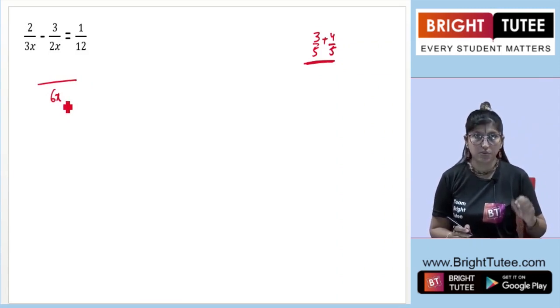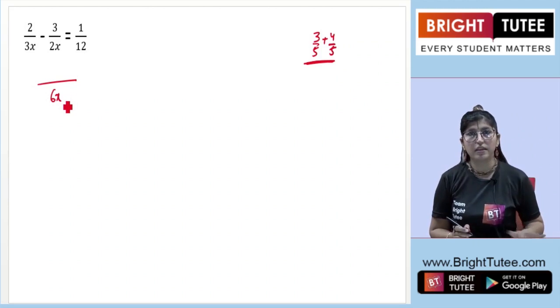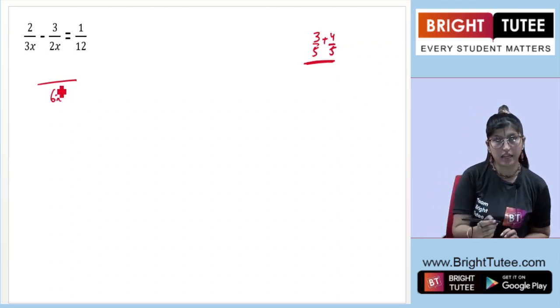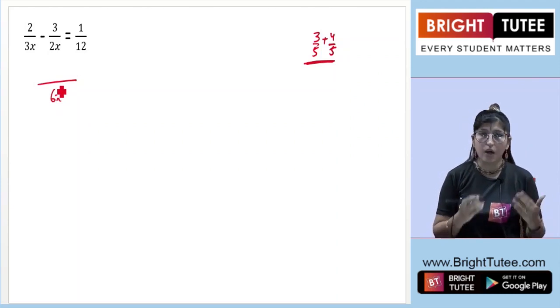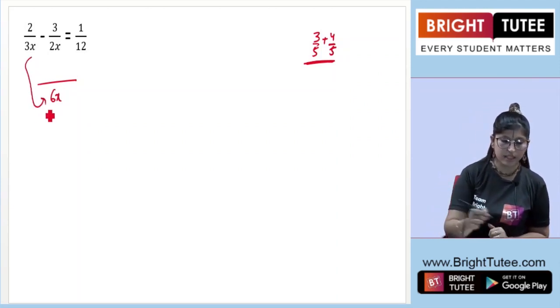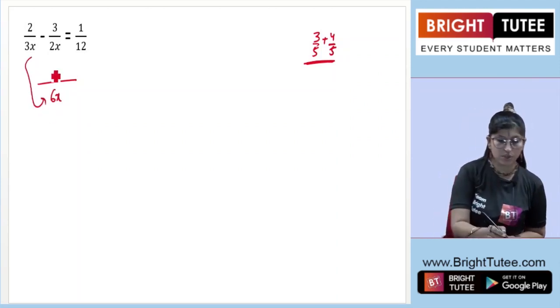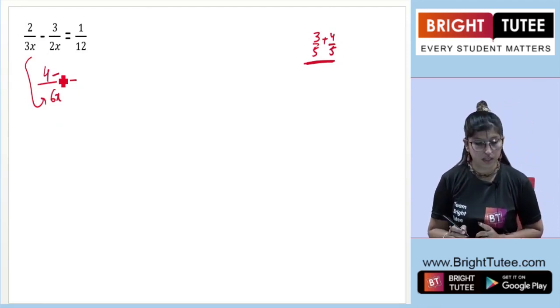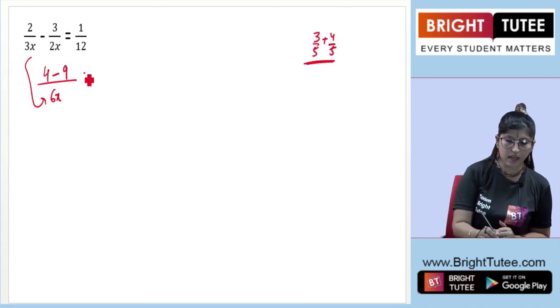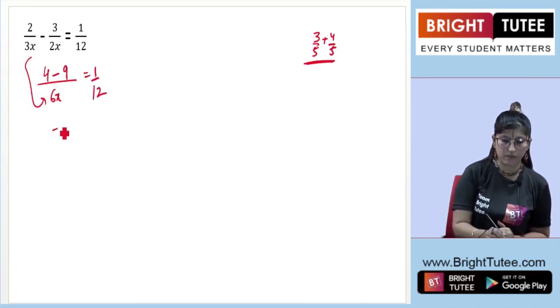The maximum mistake which students make is in this part only. So we take the LCM of 3x and 2x, which will be 6x. Now we solve it out. 6x divided by 3x is 2, 2 times 2 is 4, minus 6x divided by 2x is 3, 3 times 3 is 9, equals 1 upon 12.